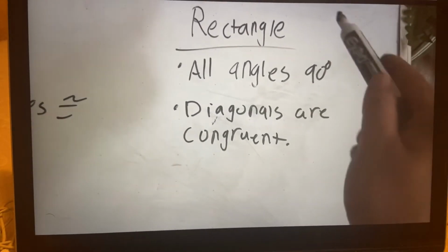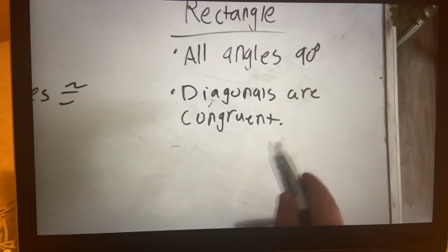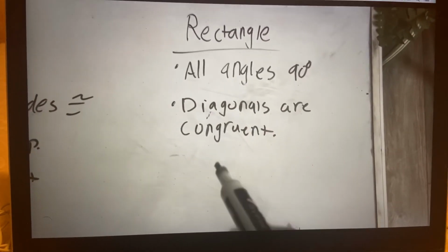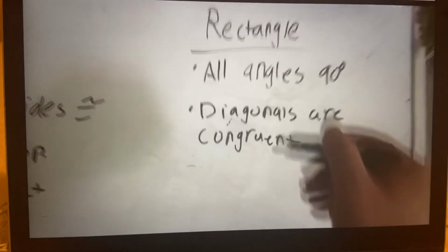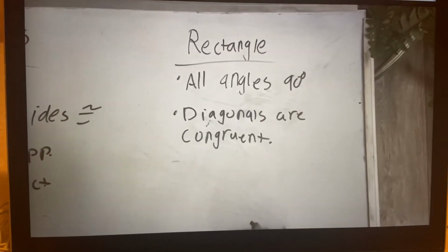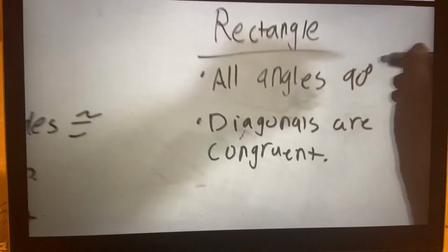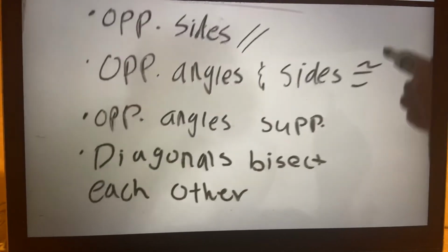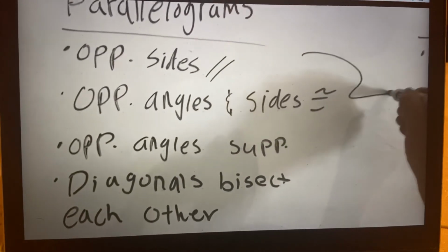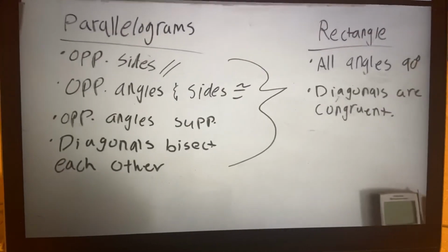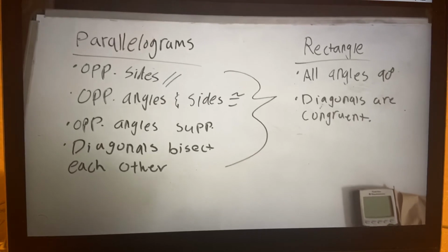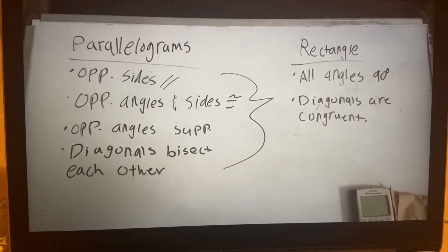Now, if you look at the characteristics for a rectangle, all angles are 90 degrees, and the diagonals are congruent. That means the diagonals are equal. Along with this, a rectangle is also a parallelogram, which means that a rectangle has these unique characteristics along with all of these characteristics. Remember, that's just a review from what we talked about last time.